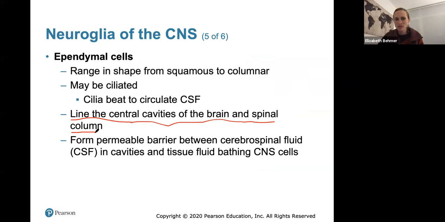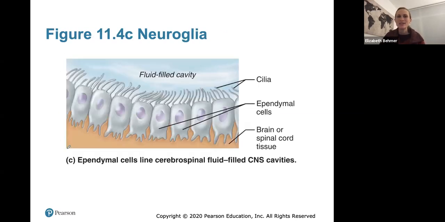These ventricles are lined with ependymal cells to help form a permeable barrier between cerebrospinal fluid in the cavities and the tissue fluid bathing the central nervous cells. So these are the ependymal cells lining the fluid-filled central nervous system cavities. They usually have cilia attached to the top as they help to wave that cerebrospinal fluid around.